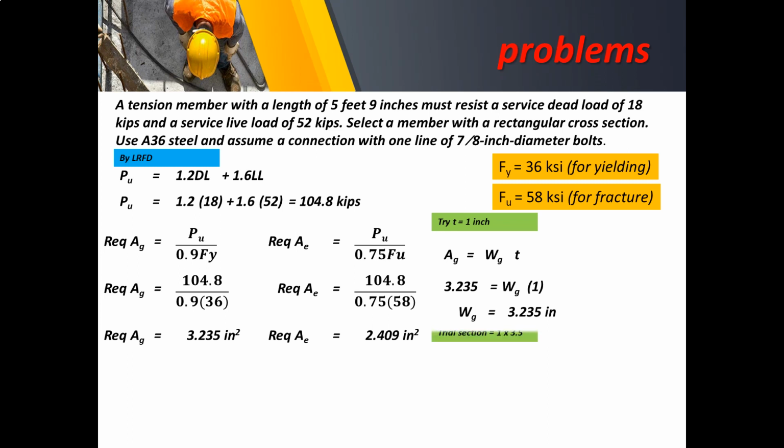Therefore, we can round our width to 3.5, because the section does not have an exact width of 3.235. The nearest available section to that width is 3.5 inches. So the trial section would be 1 by 3.5.